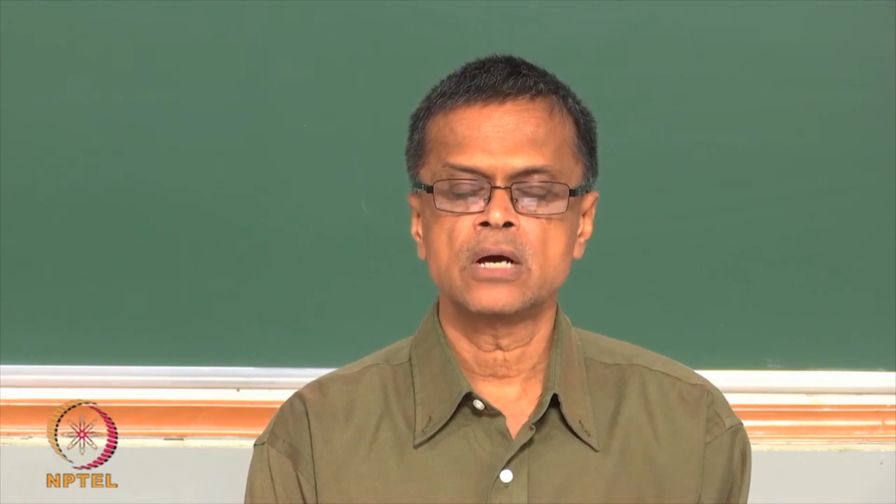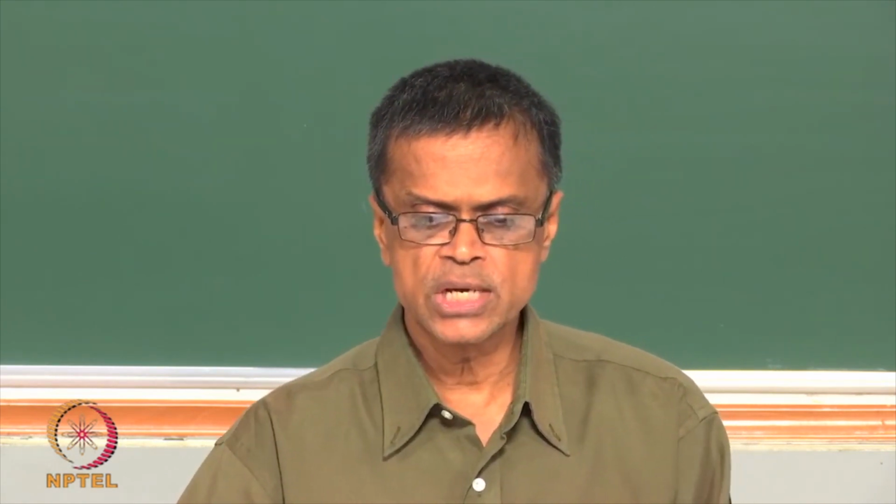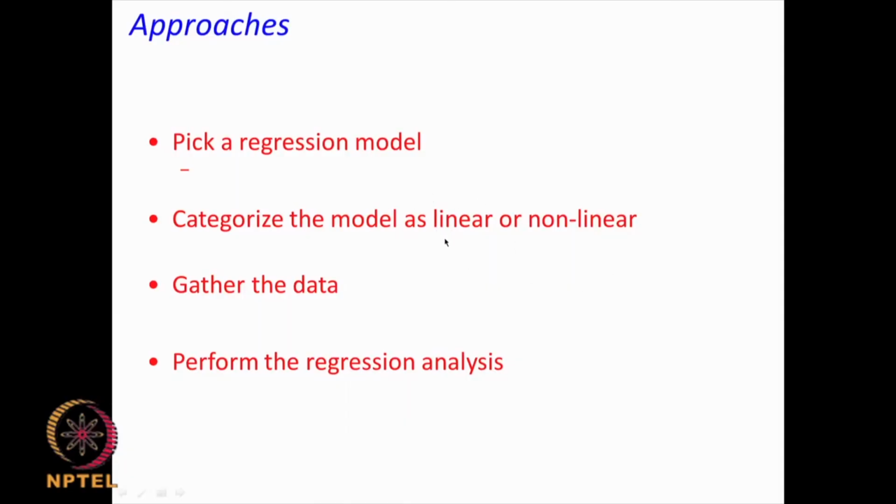If the parameter values are very small, you may do that, but you need to anyway consider a priori what type of model you will do. That is very important. Then you perform the regression analysis and you select the best model based on the R square, based on the ANOVA.